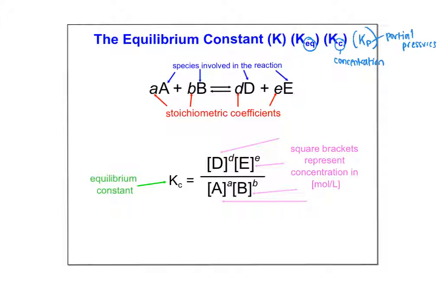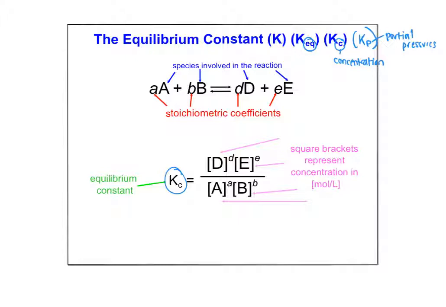So we have our balanced equation. The big letters are representing the chemicals involved in the reaction, and the little letters are representing the stoichiometry from the balanced equation. So our equilibrium constant, Kc, is equal to the products raised to the power of their stoichiometry divided by the reactants raised to the power of their stoichiometry.